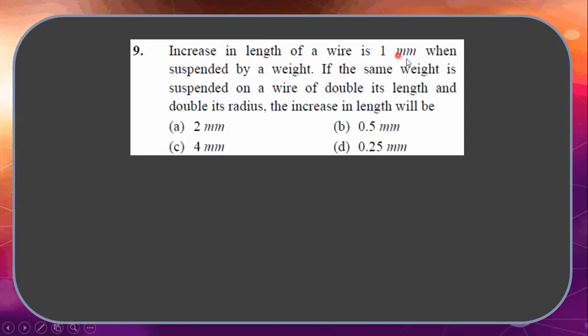Increase in length of the wire is 1 millimeter when suspended by a weight. If the same weight is suspended on a wire of double its length and double its radius, the increase in length will be? Say the increase in length of the wire is 1 millimeter. E1 is taken as 1 millimeter. It is the first case.